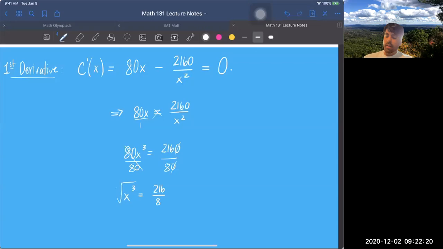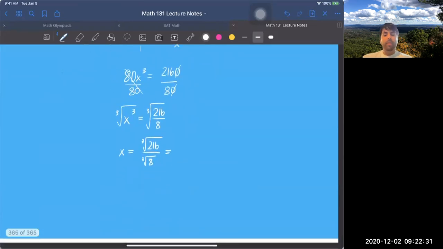I can take the cube root. And does anybody know the cube root of 216? What's the cube root of 216? That's right, 6. So I get 6, and what's the cube root of 8? The cube root of 8 is 2. And 6 divided by 2 is 3. So I get one critical number, x equals 3.